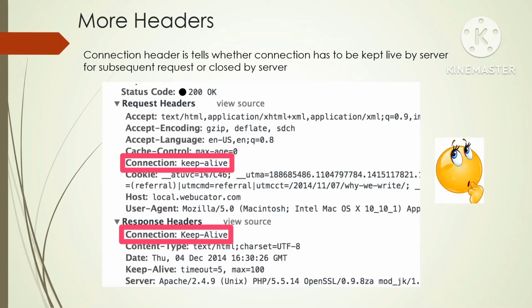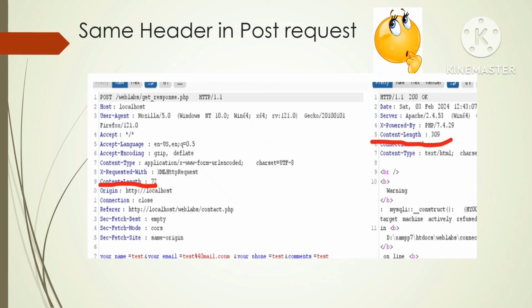But what if I want to keep this connection alive? The connection header basically tells whether the connection has to be kept alive by the server for subsequent requests, or it can be closed by the server. If the connection header is set as close, then definitely the requests will be sent one at a time.